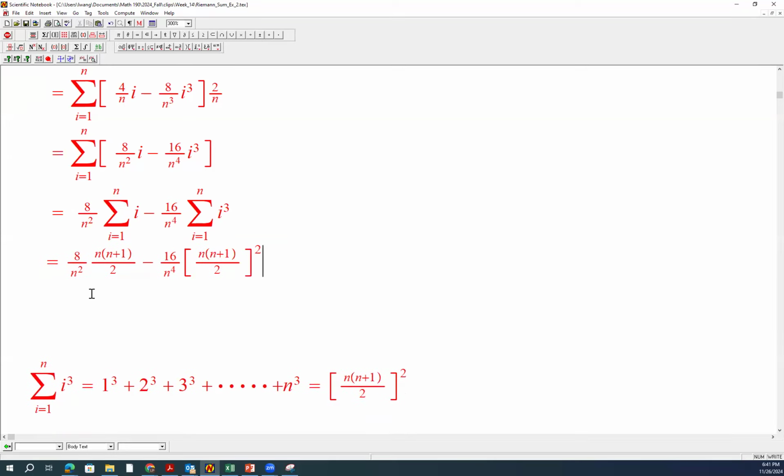Boom. And summation is done. Simplify. 2, and that's 4.